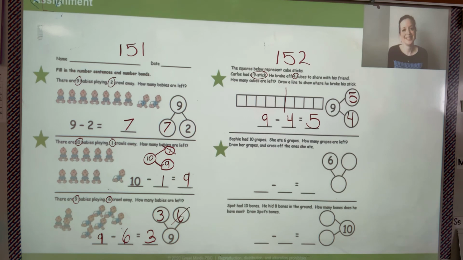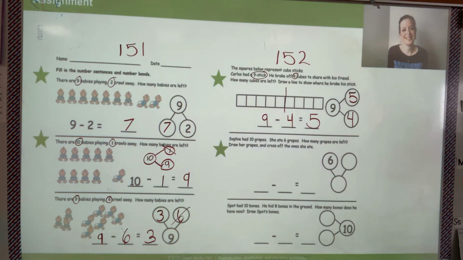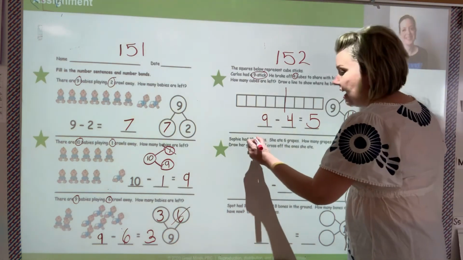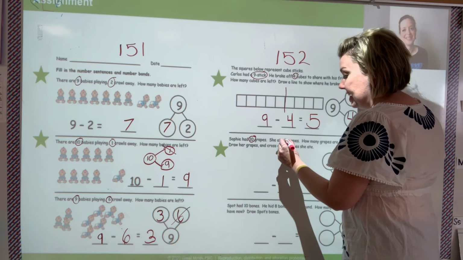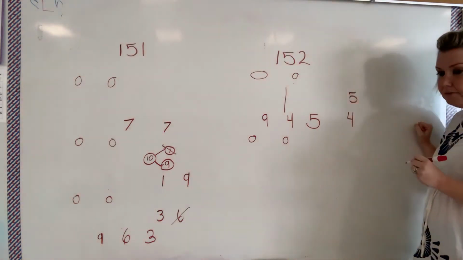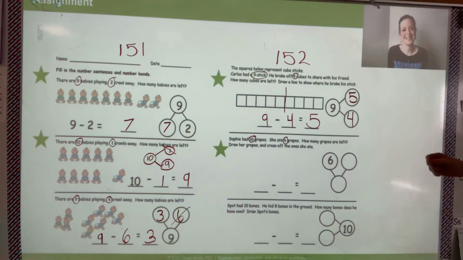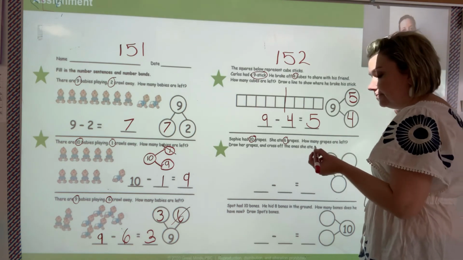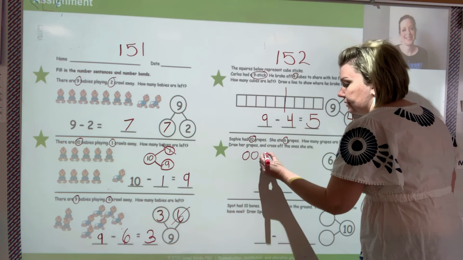Let's do this one together, and then the last one you're going to do on your own. Our next number story says, Sophia had 10 grapes. She ate 6 grapes. How many grapes are left? Draw her grapes. Cross off the ones she ate. I'm going to draw mine the 5 group way.